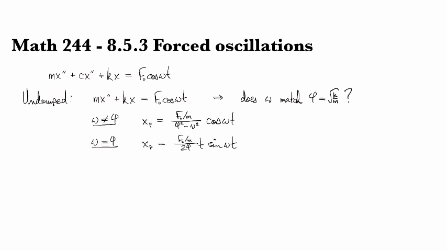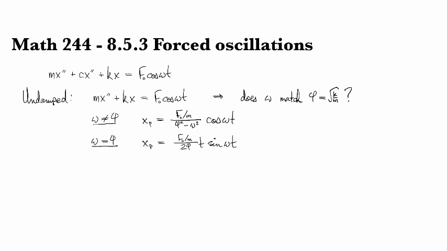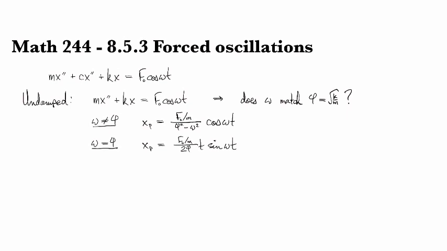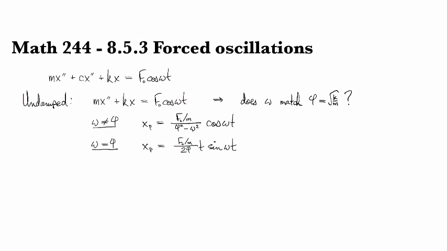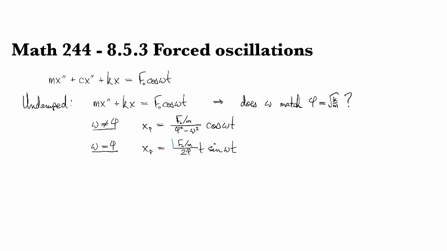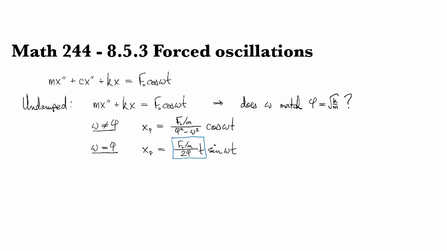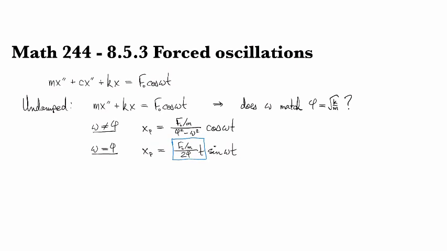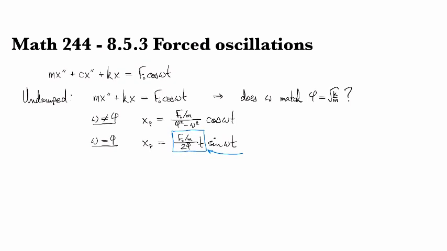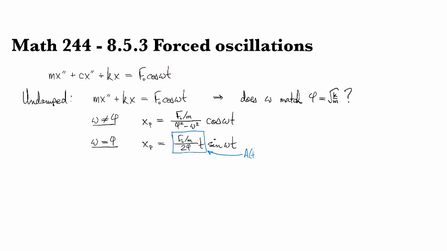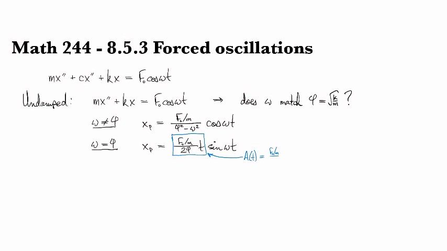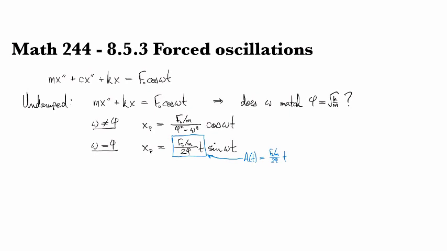So this is very interesting here. So we already saw what happens if you match the intrinsic frequency with the forcing frequency. You get resonance. And so that's exactly what's happening right here. So take a look at this one. Our amplitude envelope, A of t, looks like some constant times t.